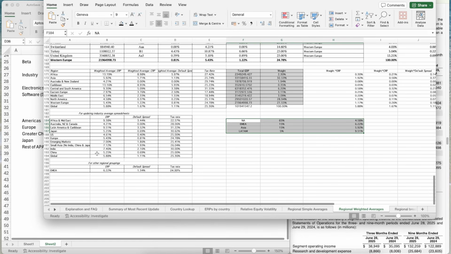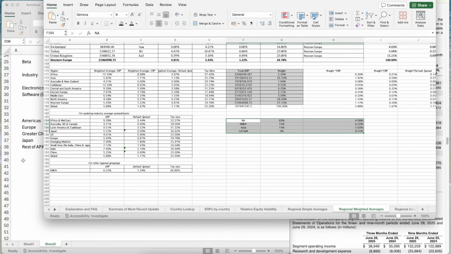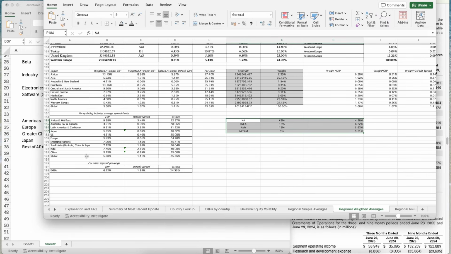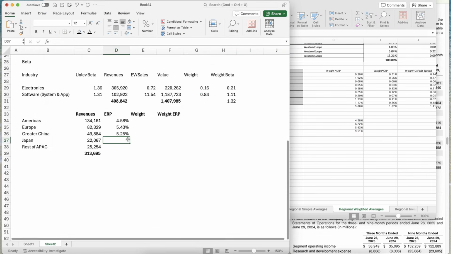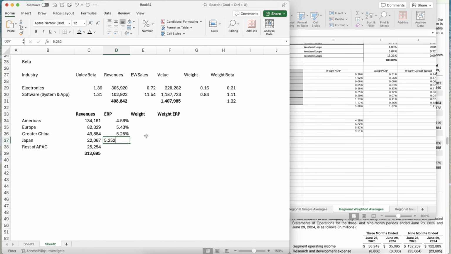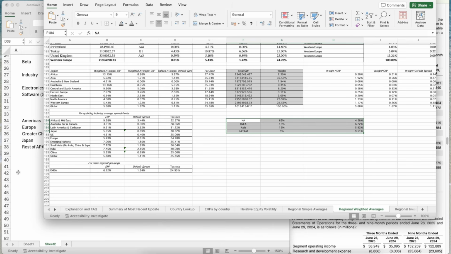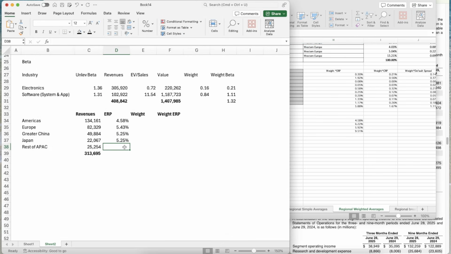Greater China, 5.25%. Japan, again, 5.25%. And the rest of APAC, we'll use this in small Asia, 7.12%.